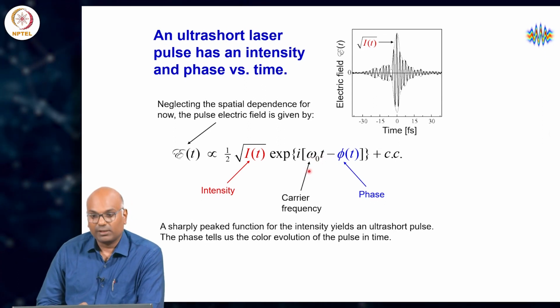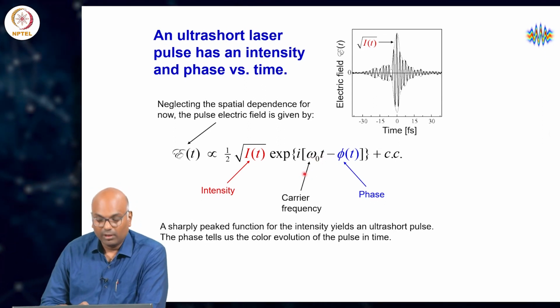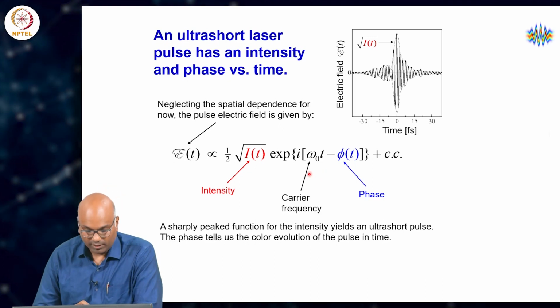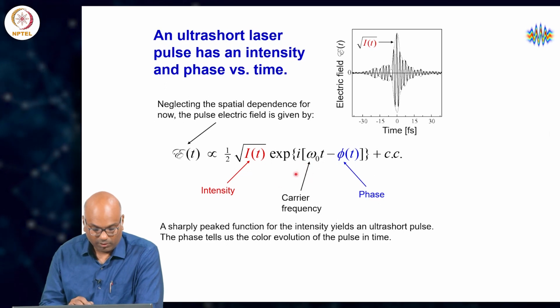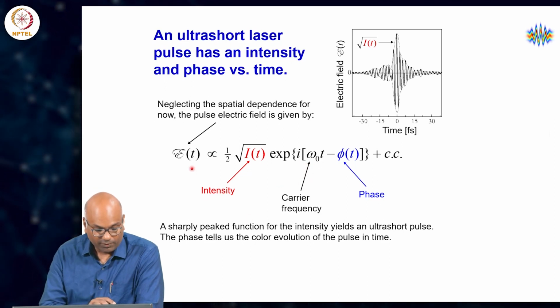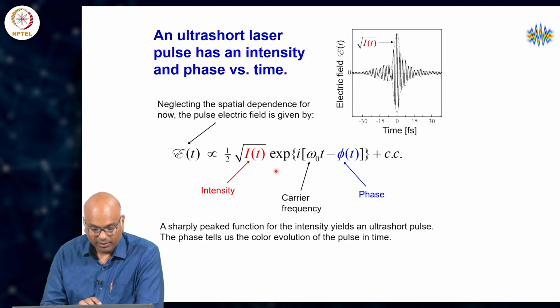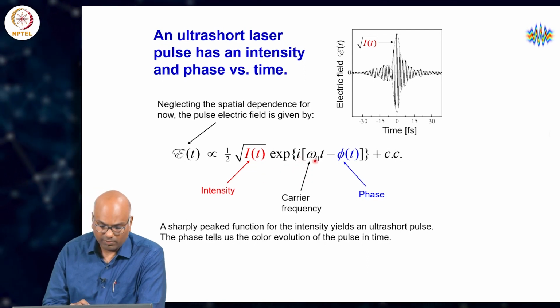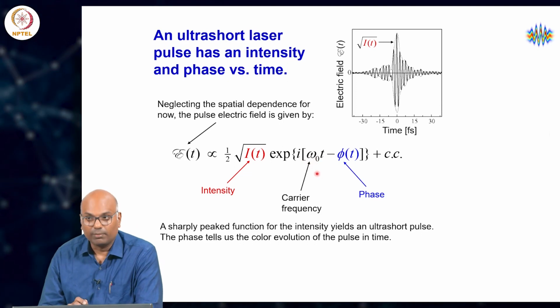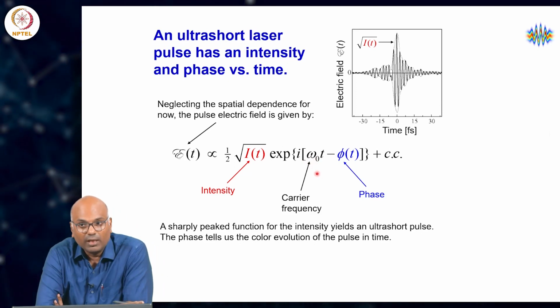But if I fix a point, x equal to x naught, and look at the time dependence of the field oscillations, then only the vt part remains. In this case, that's the omega naught t part, where omega naught is the angular frequency.